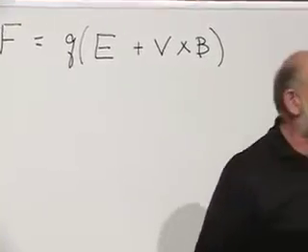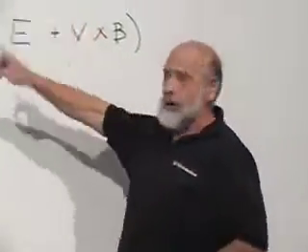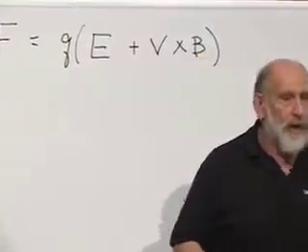Why is it necessary that charged particles affect fields? Well, it's a kind of action and reaction thing. If electric and magnetic fields can influence particles, what does that mean? It means an electromagnetic wave can come, hit a charged particle, and send it flying off in some other direction. It can add energy to the charged particle.